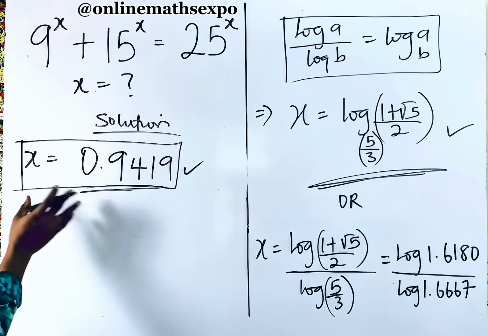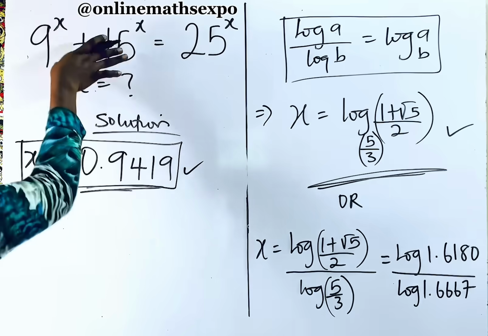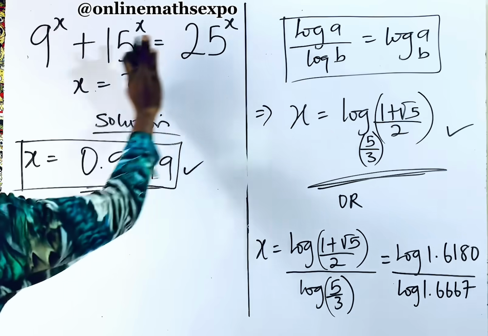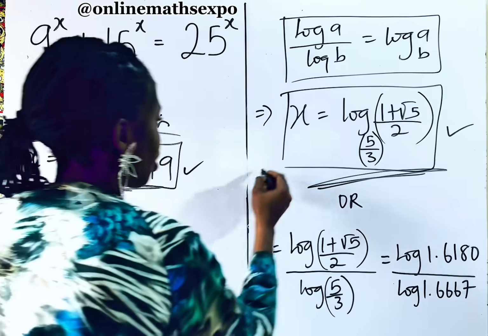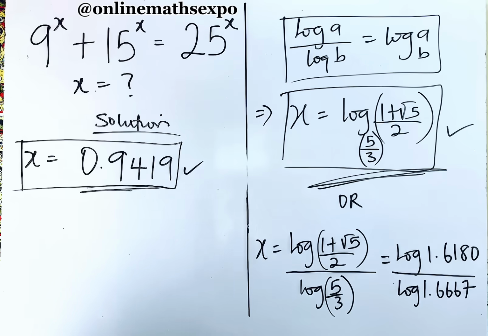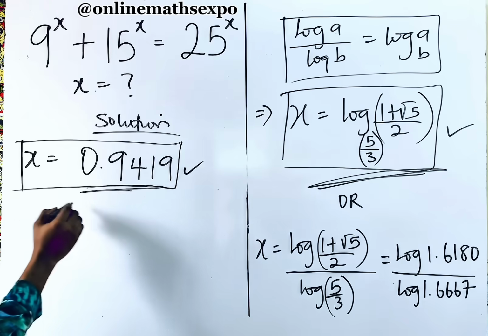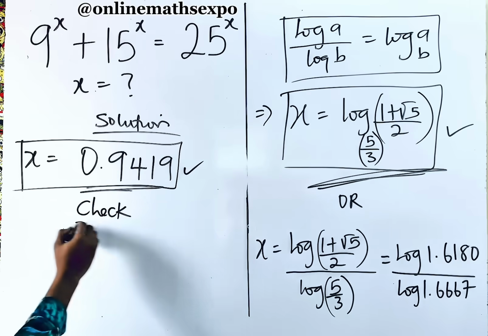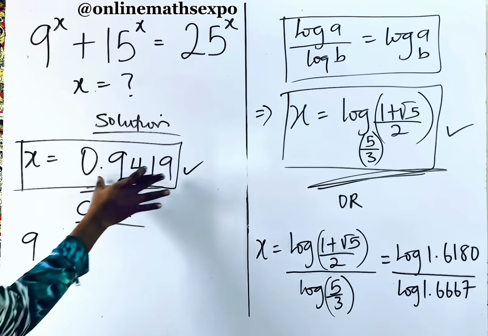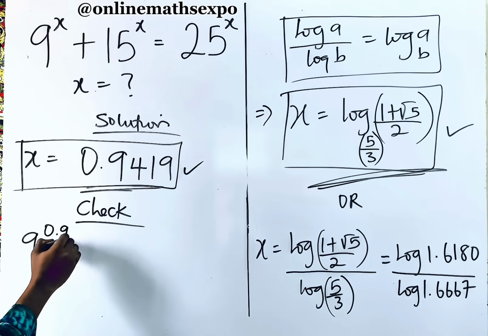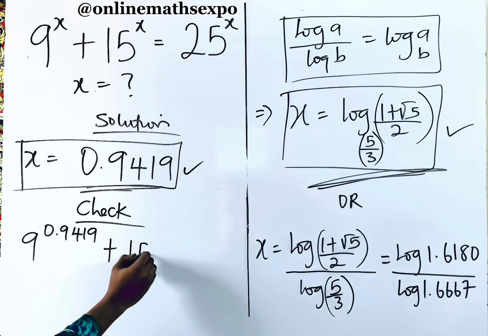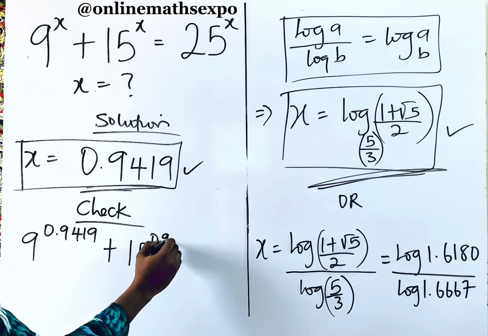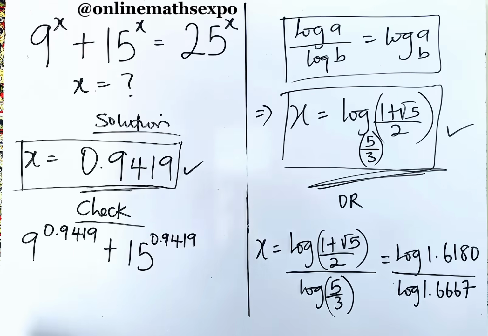So we're going to do a check. Let's put this value of x into the equation to see if the two sides are equal. Remember, this is also the value of x, so we're going to work with the calculator value. To check, we have 9 to the power of 0.9419 plus 15 to the power of 0.9419, okay?